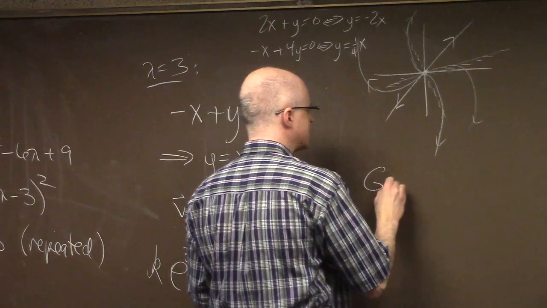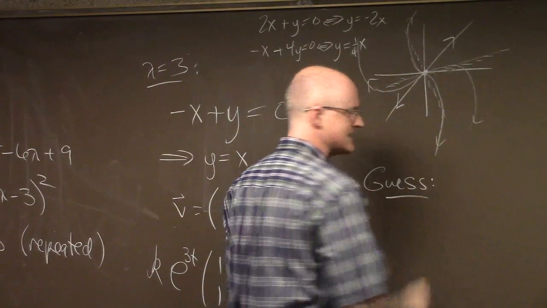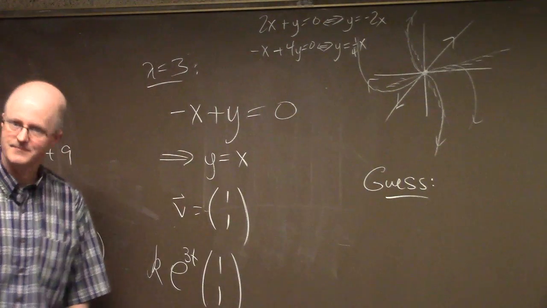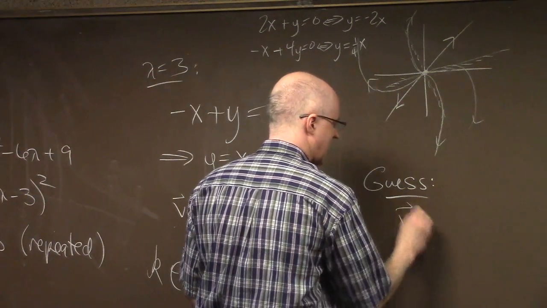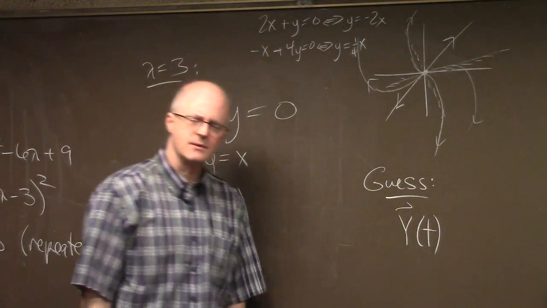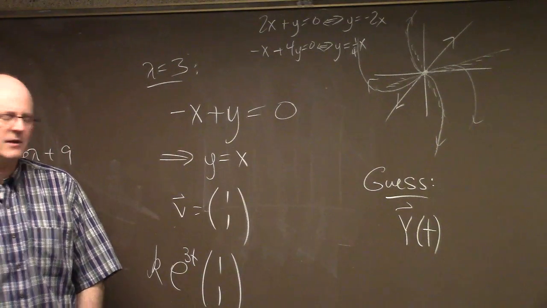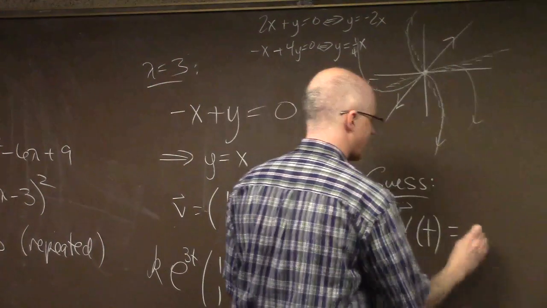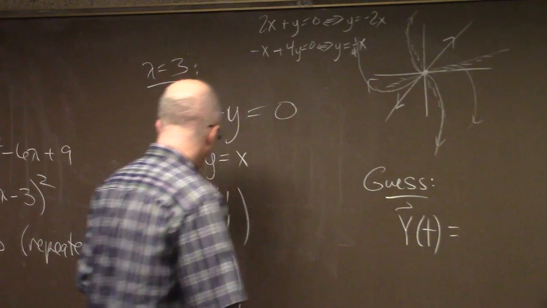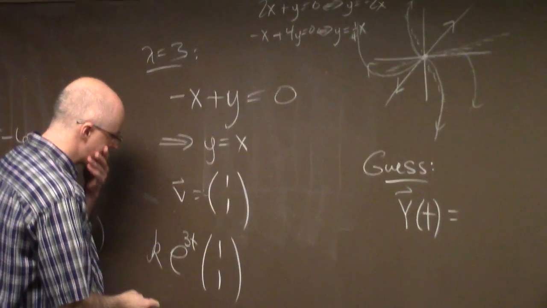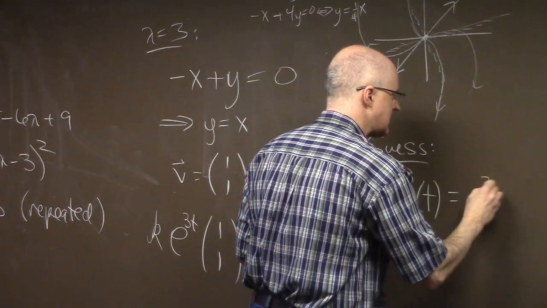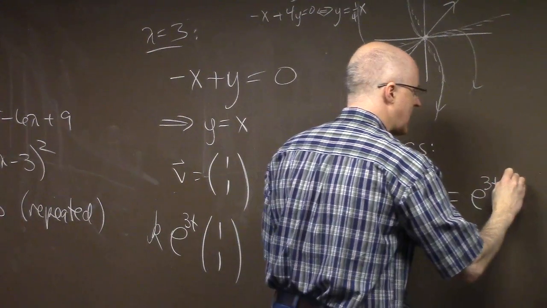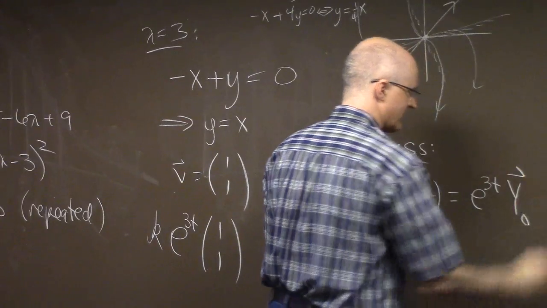Well, it turns out the best guess to make, and this is not by any means obvious, is to guess the following as the general solution, although it's not going to be in a usual kind of form. I'm going to take e to the 3t and multiply it by my initial condition vector.